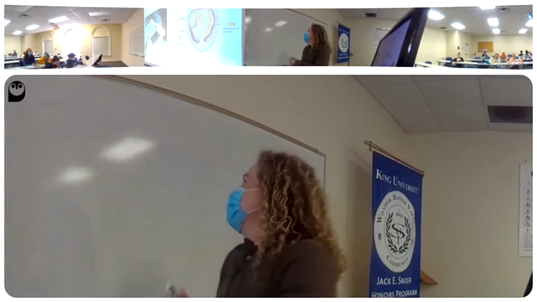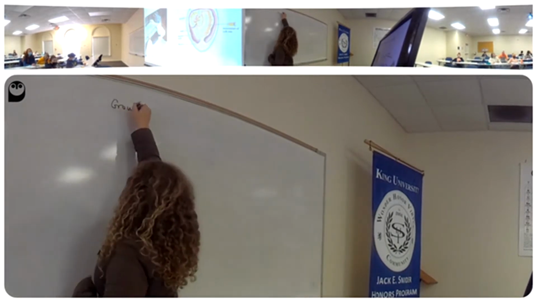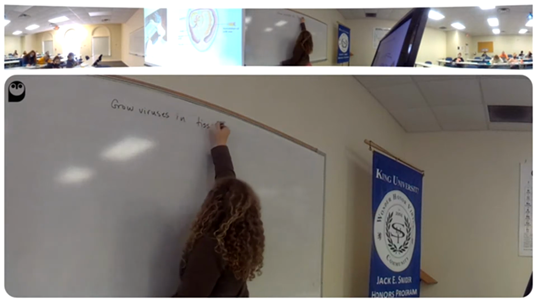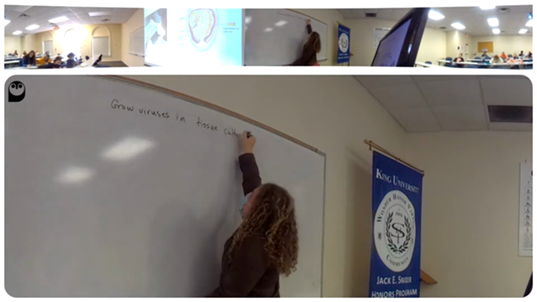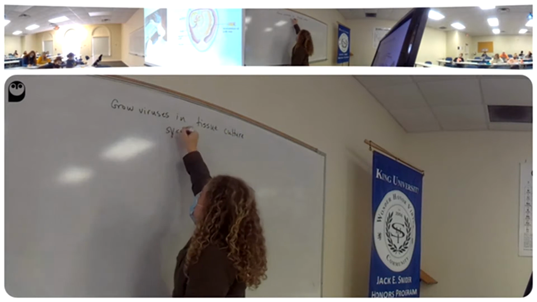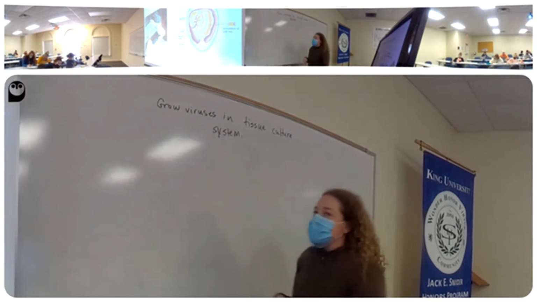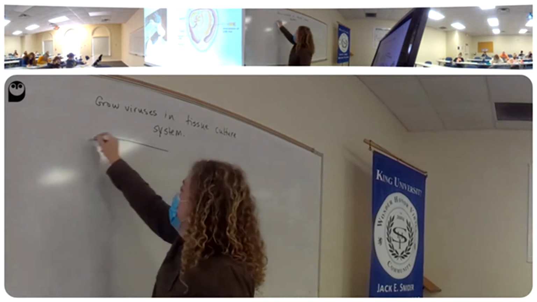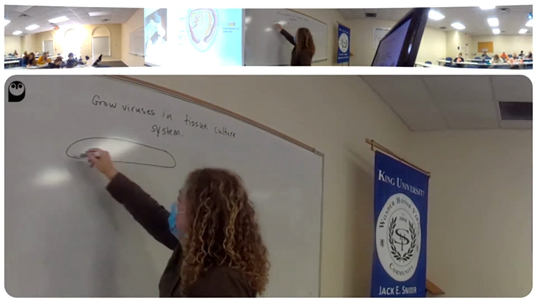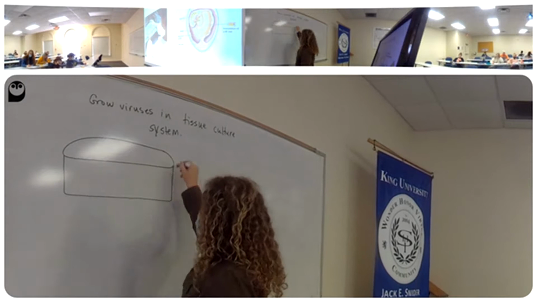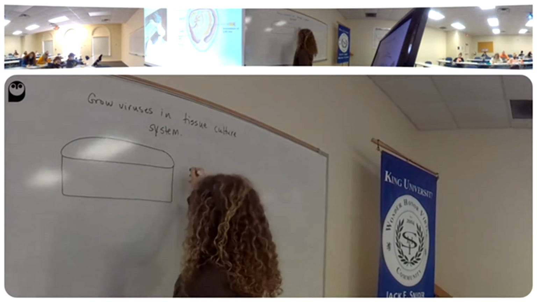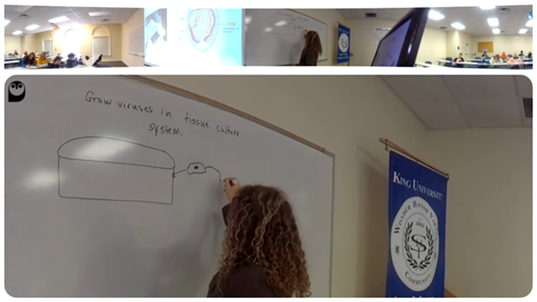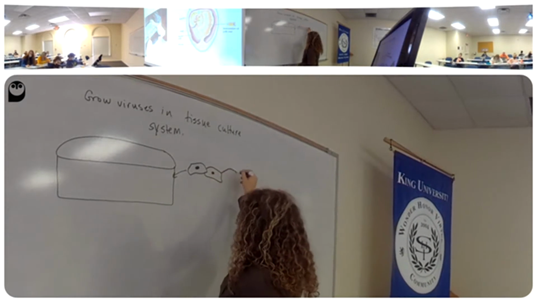You could also grow viruses in what's called a tissue culture system. And these days, a lot of virus research is done in a tissue culture system where you have a petri dish with agar, and in the agar you have a layer of animal cells.